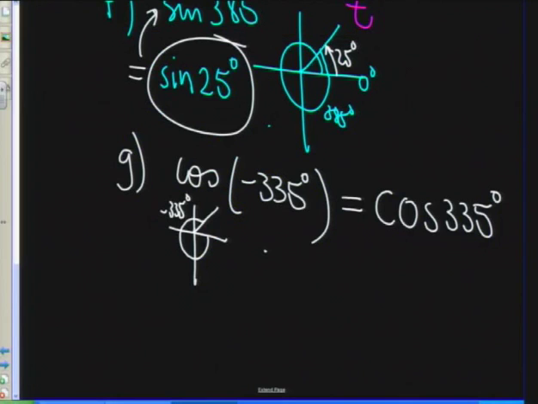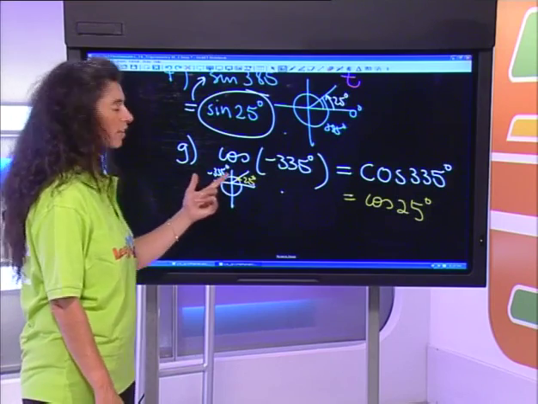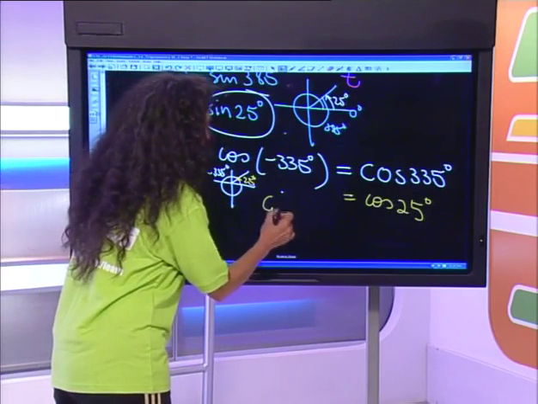And then we talk about this angle over here being the coterminal angle. And the coterminal angle there is 25. So I could say that this is the same as the cos of 25, if you like. Or I can say it's 360 minus 25 to give me 335. So whichever way you like, you can find the coterminal angle and work with the coterminal angle.